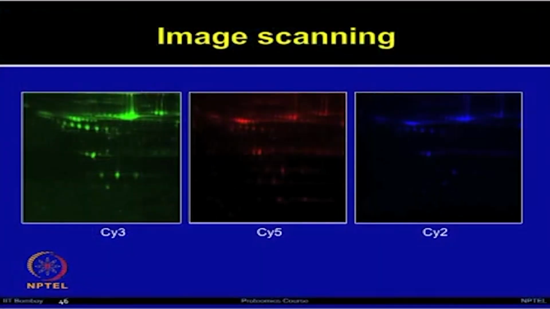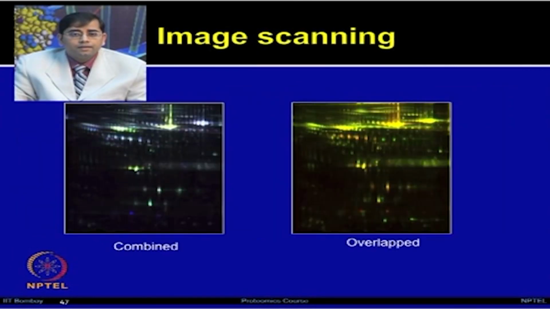Here a few representative gels are shown, obtained from DIGE experiments for Cy3, Cy5 and Cy2. Software also generates the combined image obtained from mixing all the 3 dyes and the overlapped image, which shows you the abundance of certain proteins.